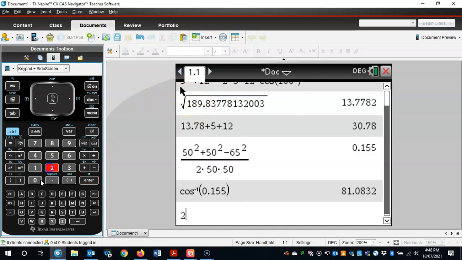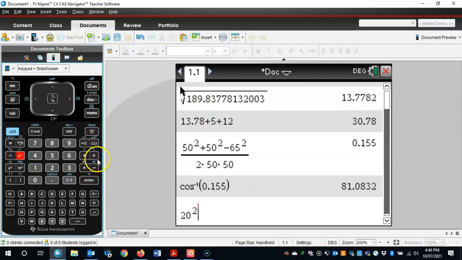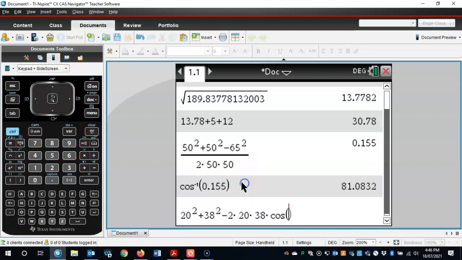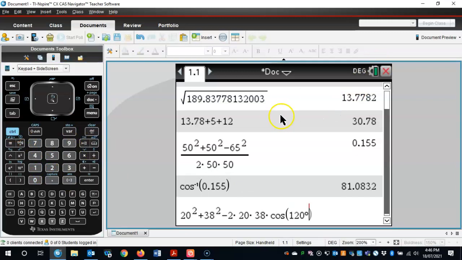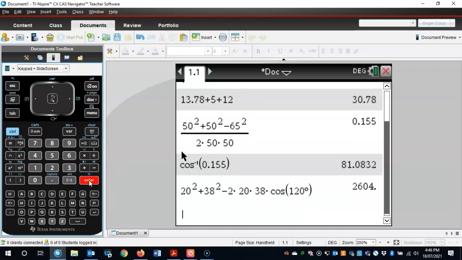So 20 squared plus 38 squared, take 2 times 20 times 38 times cos 120. I'll pop in the degree sign. Control Enter.